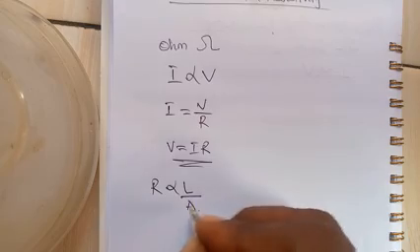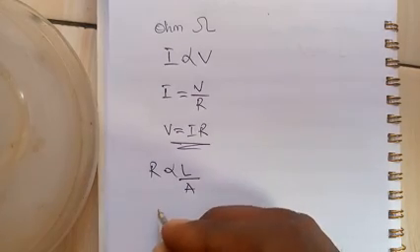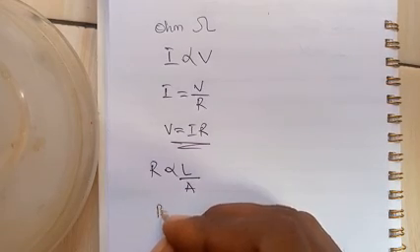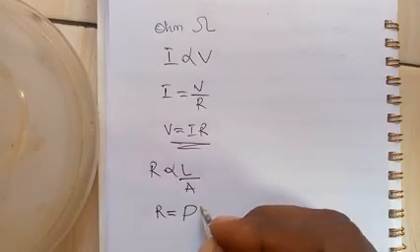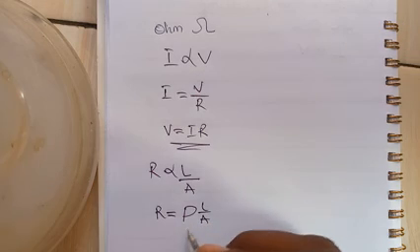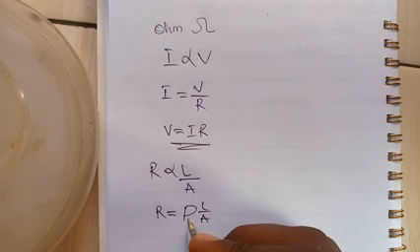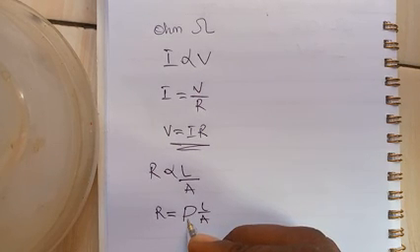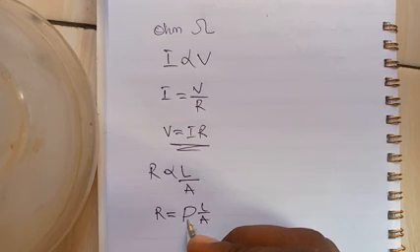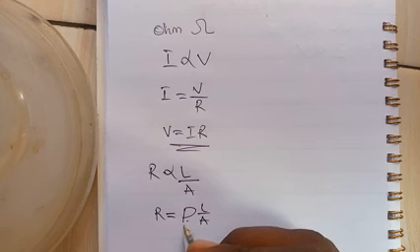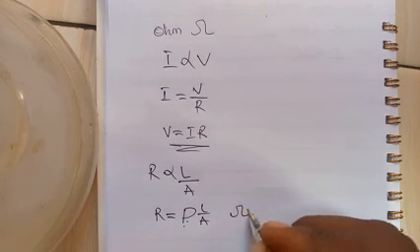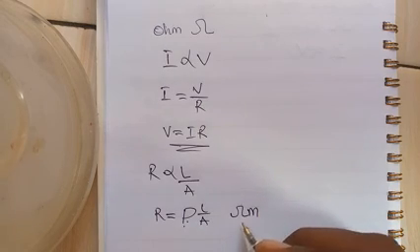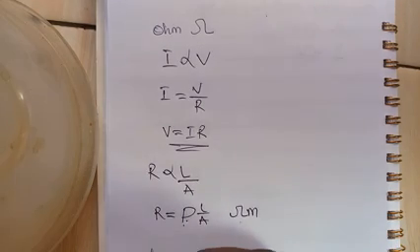In this case, if we remove the sign of proportionality, bring in equal to, we introduce a constant rho, so R equals rho L over A. This rho is the resistivity of the material, whether it is copper or any material. Now, the unit is ohm meter. That is the unit of resistivity.